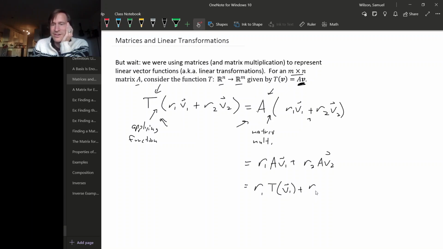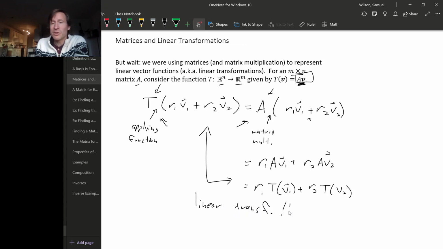And then R2 times A times v2, that's T applied to v2. And so we see that this linear transformation that's just multiplication on the left by A is a linear transformation. So if you have any matrix at all, multiplication on the left by that matrix is a linear transformation. So every matrix gives us a linear transformation.